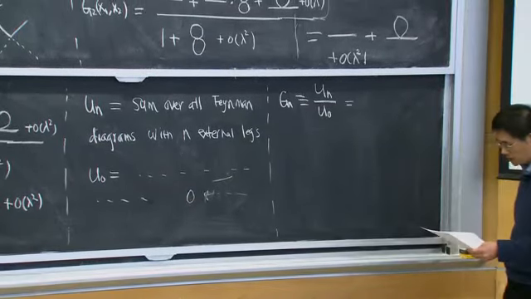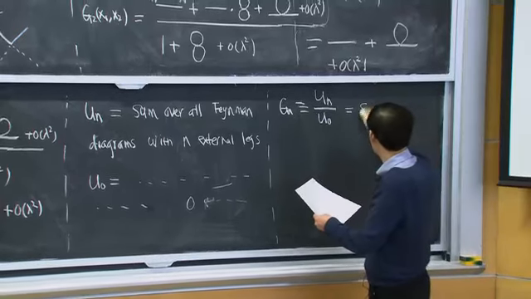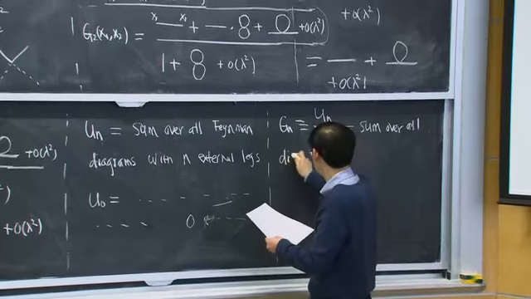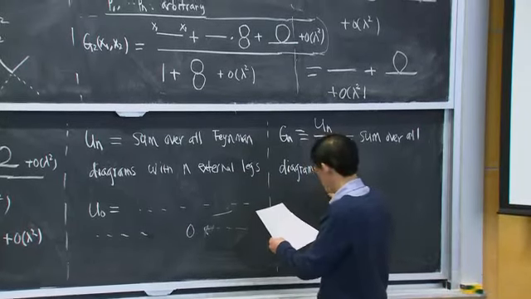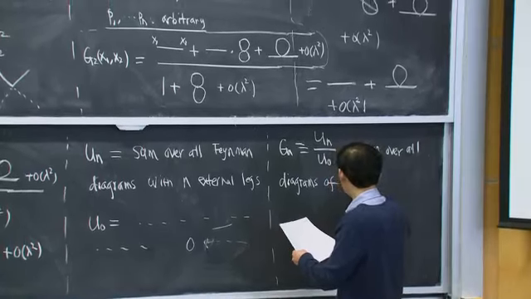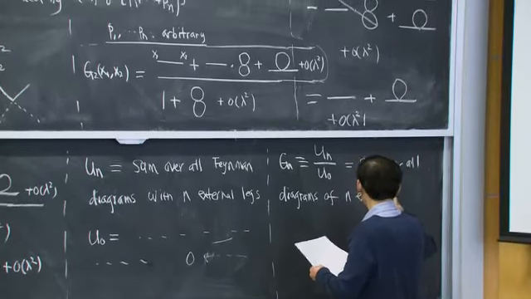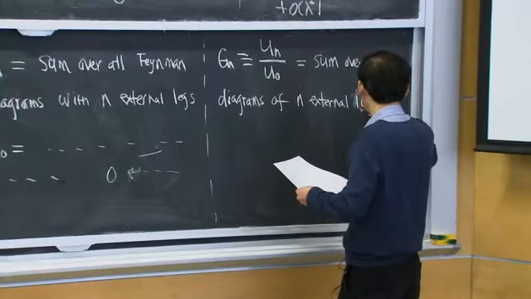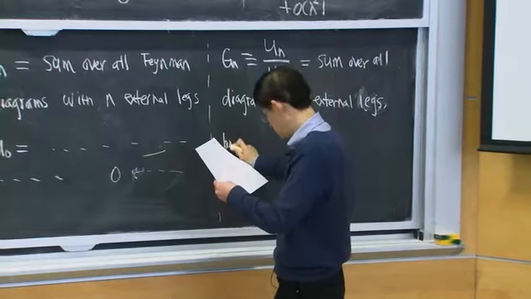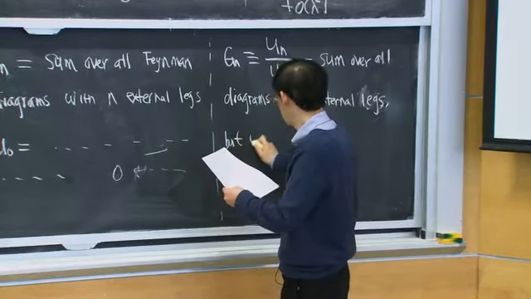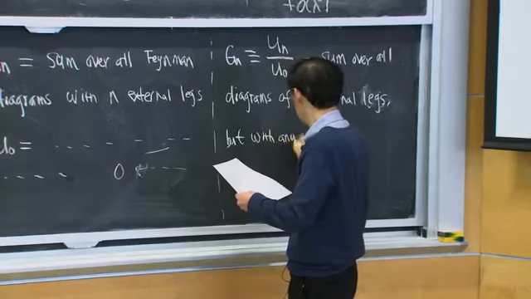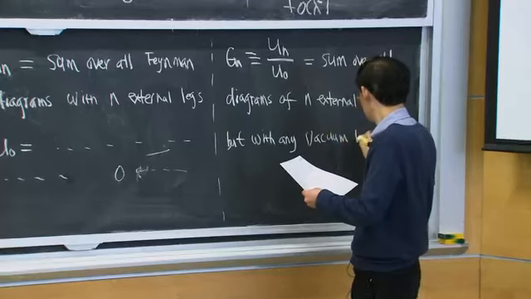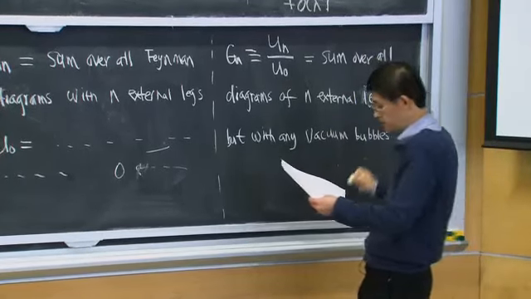So the statement is that this is equal to the sum over all diagrams with external x, but without any vacuum bubbles.